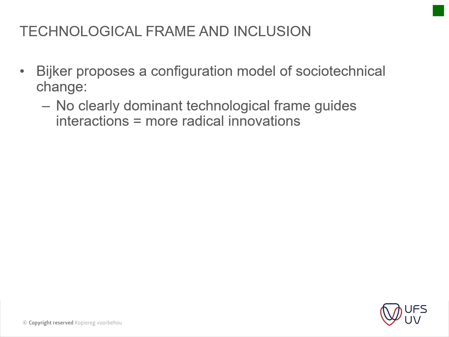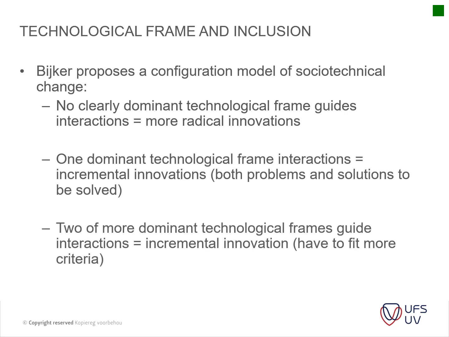What basically he says here, there are 3 criteria. If there is no clearly dominant technical framework guiding interaction, more radical innovation may be observed. If there's a dominant technical frame in interaction, incremental innovation, both problems and solutions should be solved. So now there are a little bit more parameters that need to be solved.